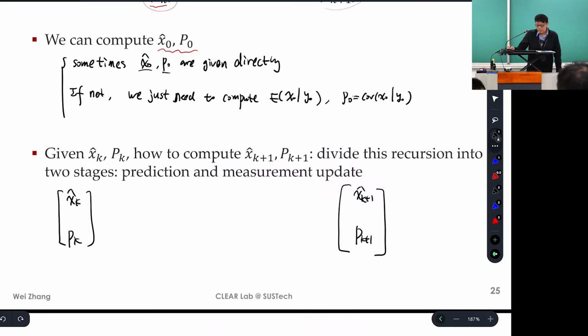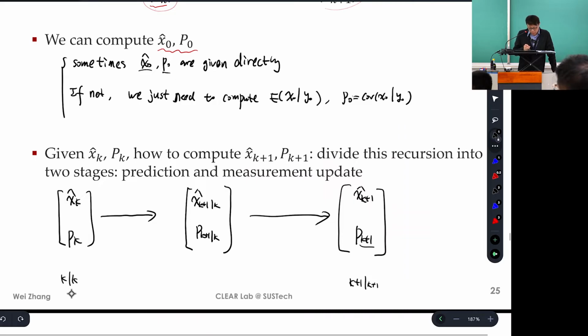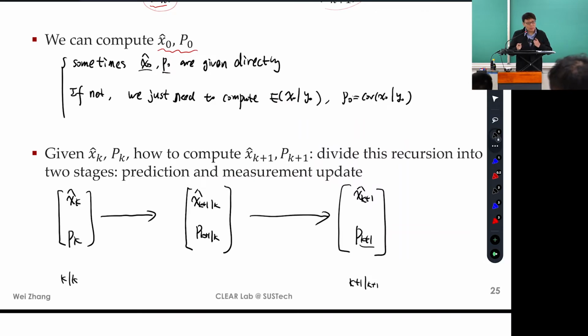I want to move from here to k plus 1, and I will insert one stage to simplify the derivation. The first step is x_{k+1|k} hat and P_{k+1|k}. So both the things before the bar and after the bar need to be updated.